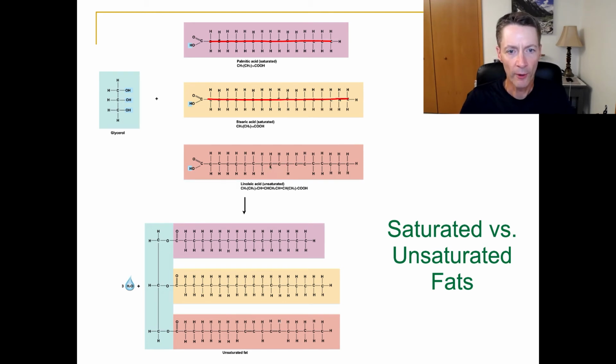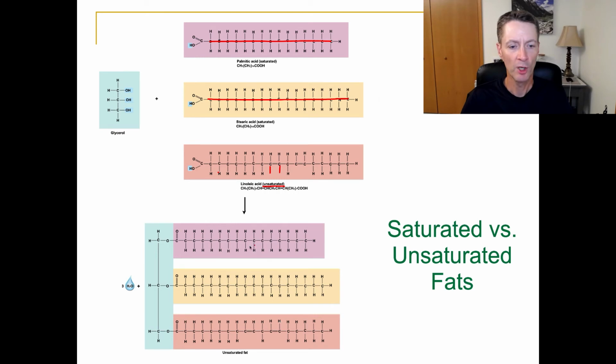Down here, though, we have one set of carbons where we don't have a hydrogen sticking off of each of these carbons. This would be an unsaturated fatty acid, right? There aren't the maximum number of hydrogens bound to these 2 carbons here, so it's an unsaturated fatty acid.